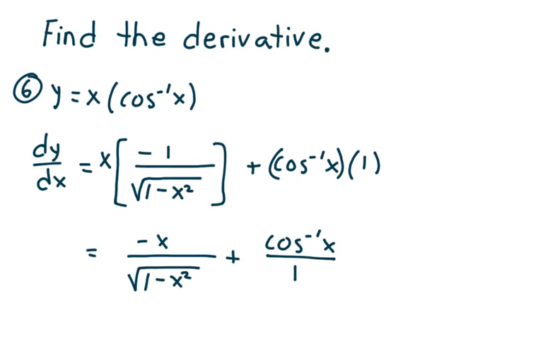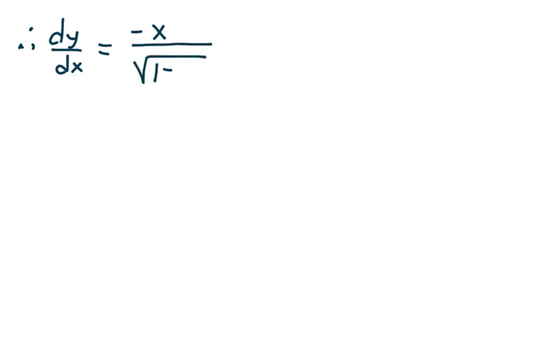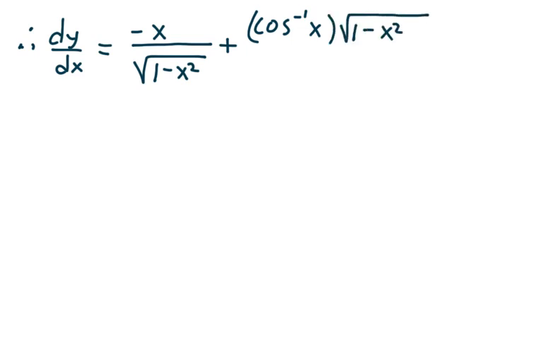So I'm going to take the second term and multiply the numerator and denominator by the square root of 1 minus x squared. So therefore, dy/dx is equal to -x over the square root of 1 minus x squared plus the inverse cosine or arc cosine of x times the square root of 1 minus x squared divided by the square root of 1 minus x squared.